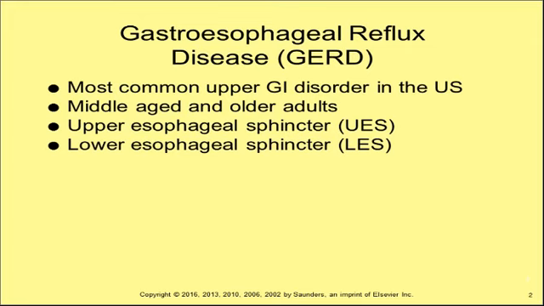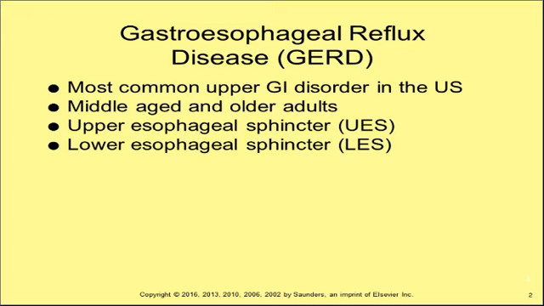So GERD is the most common upper GI disorder in the United States. It can affect any disease process or any age. It occurs because of a backward flow or regurgitation of stomach contents into your esophagus. This arises from continuous and persistent gastroesophageal reflux.